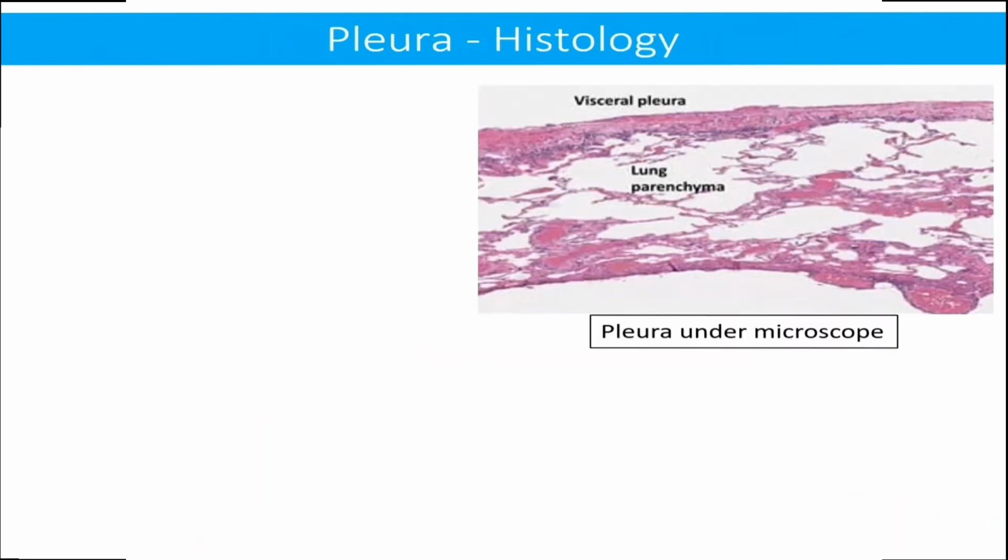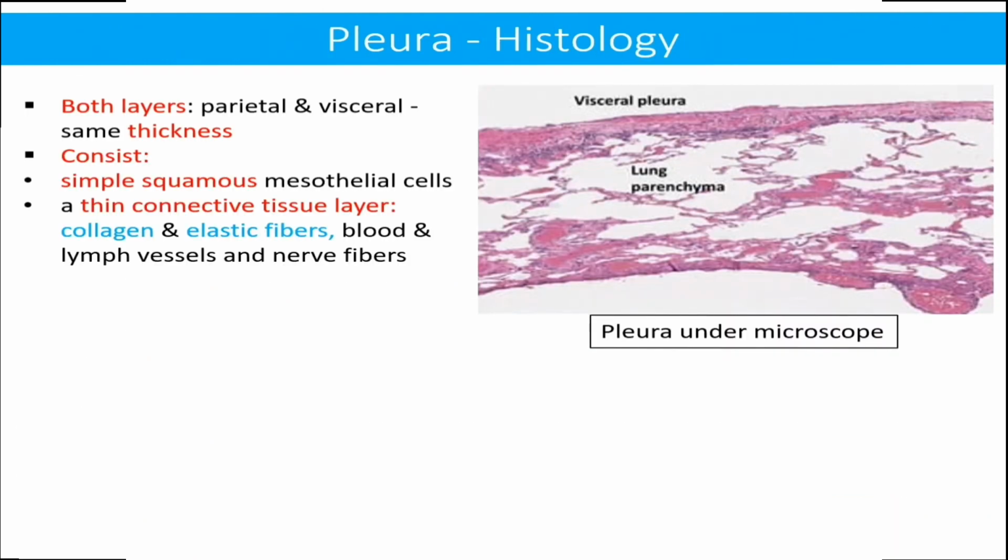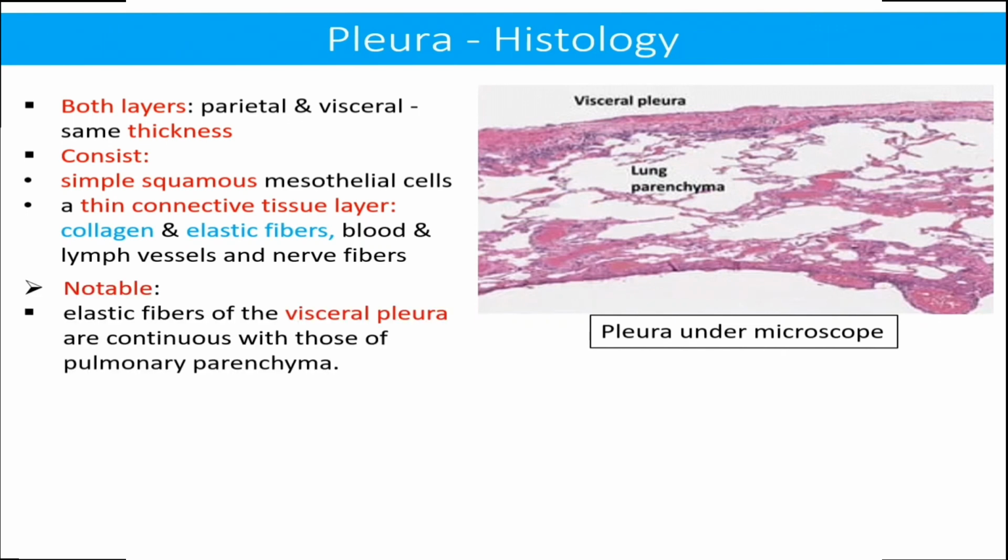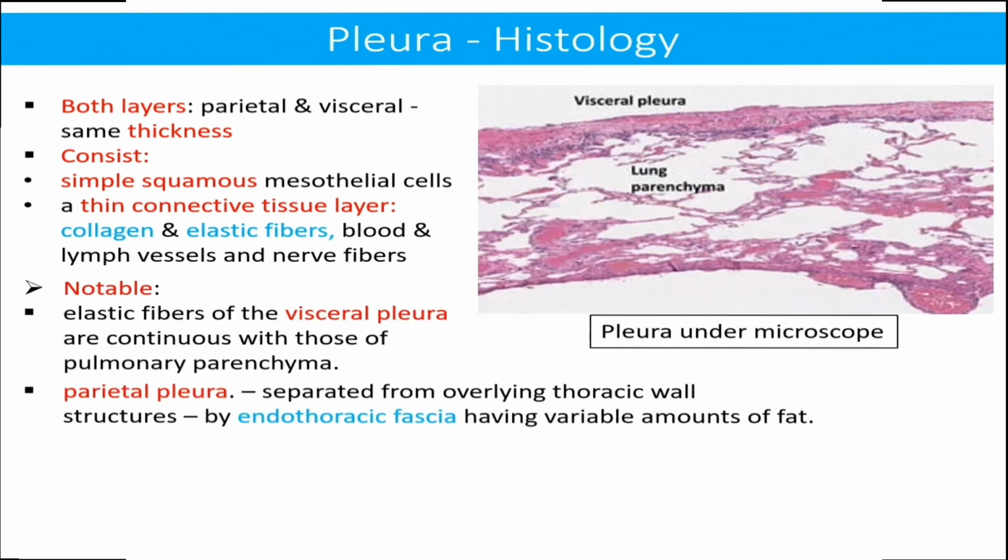Pleural histology. Both layers of pleura, that is parietal and visceral, have the same thickness. Each layer is lined by simple squamous mesothelial cells with an underlying thin connective tissue layer consisting of collagen and elastic fibers, blood and lymph vessels, and nerve fibers.